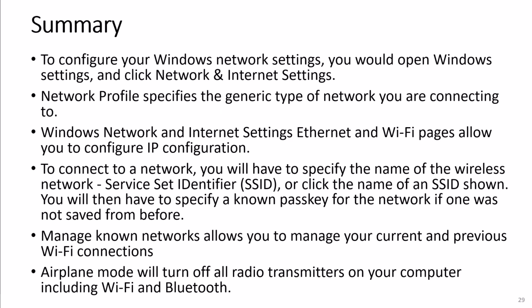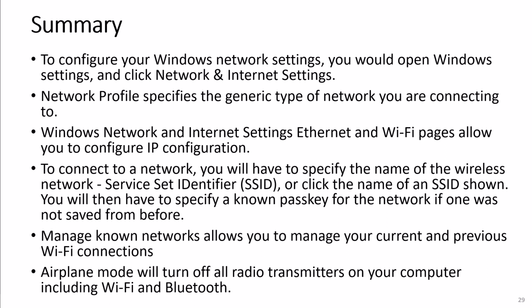In summary, to configure your Windows network settings, you would open Windows Settings and click Network and Internet Settings. Network Profile specifies the generic type of network you are connecting to. The Ethernet and Wi-Fi pages allow you to configure IP configuration.